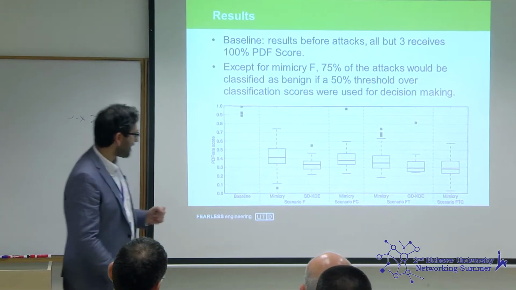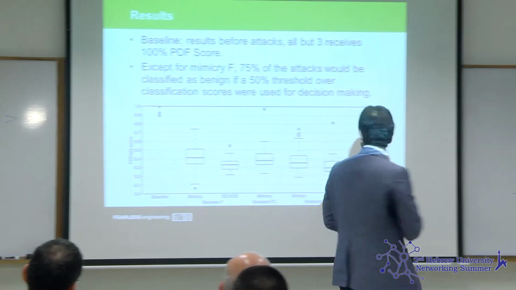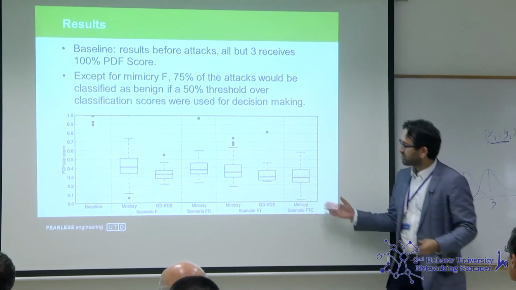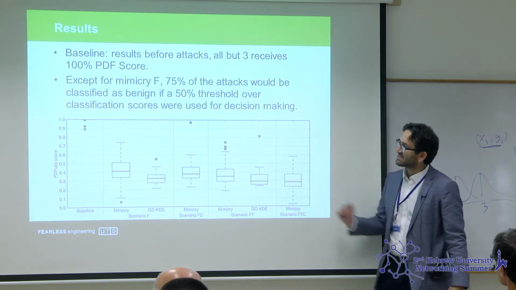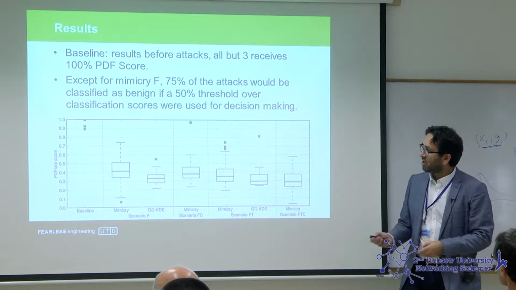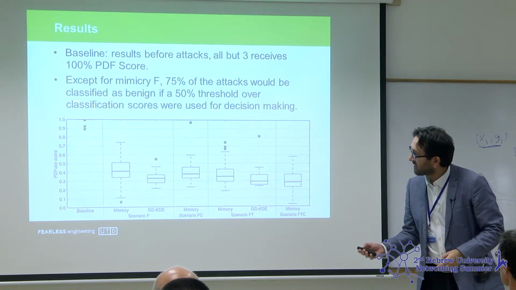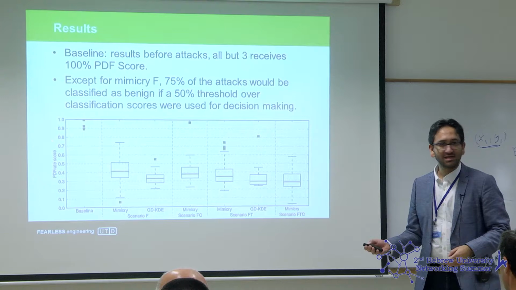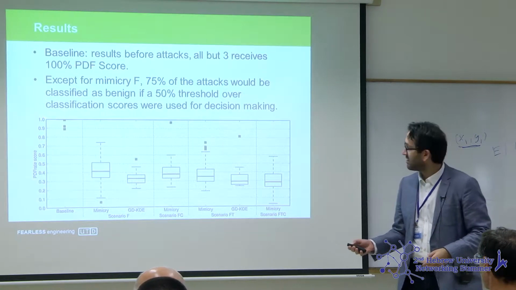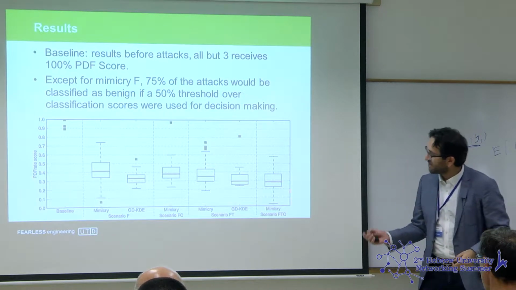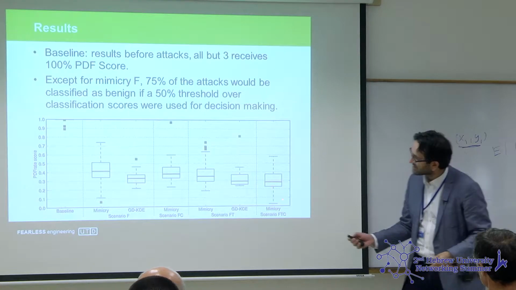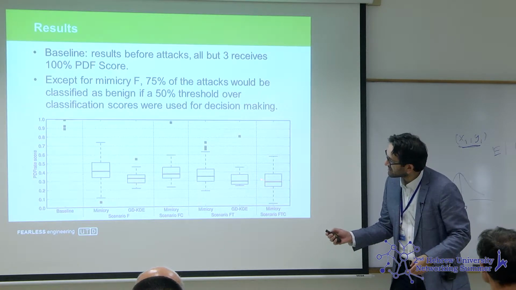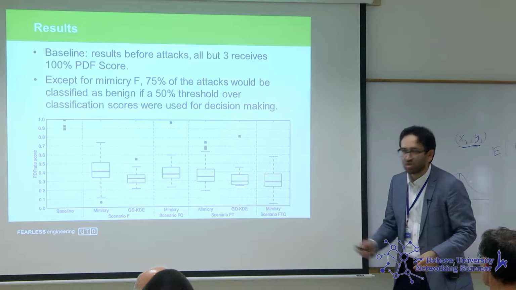Of course, not surprisingly, they show that the more the attacker knows, the more it can increase the success rate against this classifier. So if you recall, the original was working at 90+% accuracy, 95, 99. And now the mimicry attack that knows the features, the training set, and the classifier reduces the success rate on average to 30%.